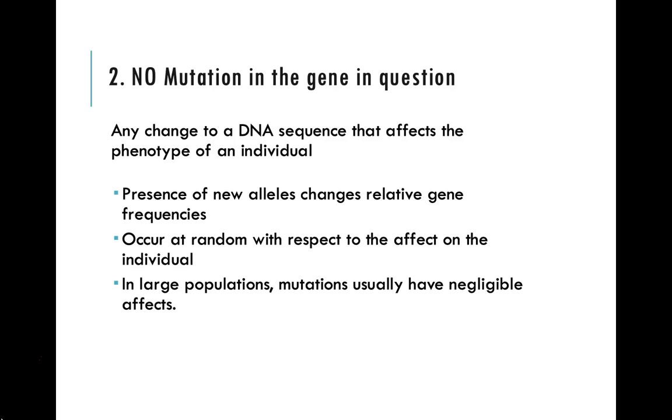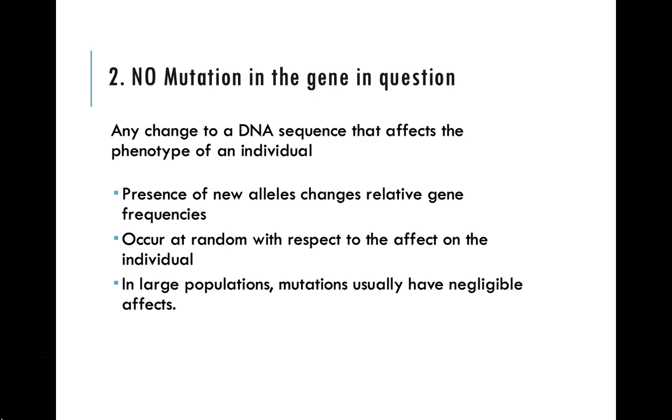This is usually a pretty easy one to meet because mutations are generally very rare. And so not only are they rare, but it's really unlikely that that rare event is going to happen in the allele that you're studying. So no mutation is a pretty easy condition to meet. Also, in a large population, mutations usually have negligible effects.